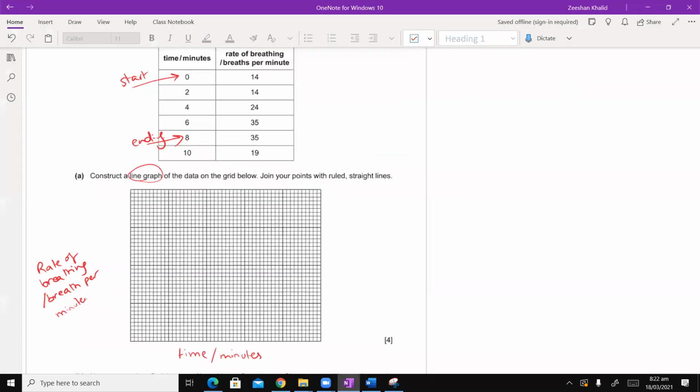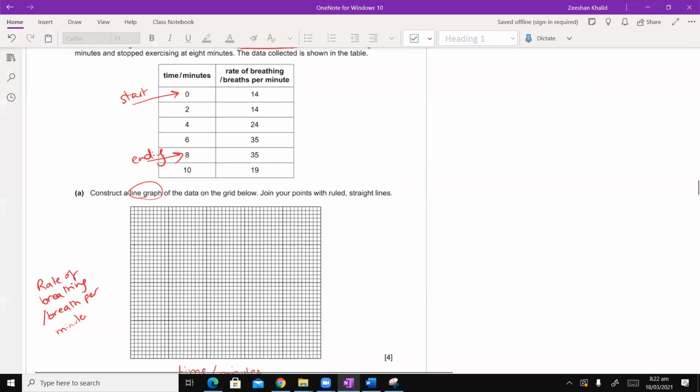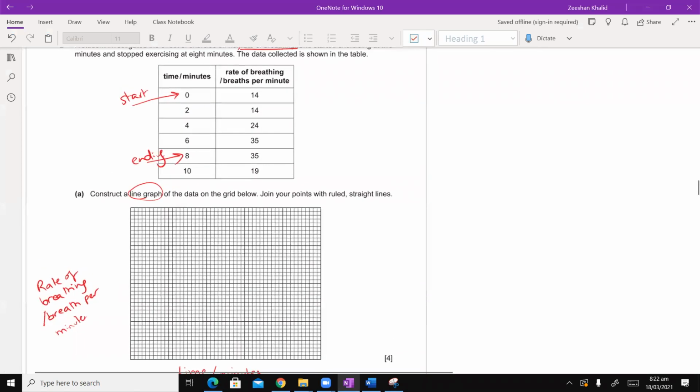Okay, so आप देखें कि I've written time on x-axis, and remember, if you have this usual confusion in which you struggle to figure out which thing to take on which axis, then remember in the table on the extreme left side, you will always have the independent variable. Okay? And the independent variable is always supposed to be on the x-axis.